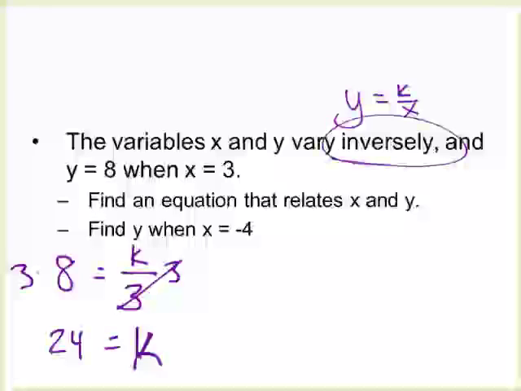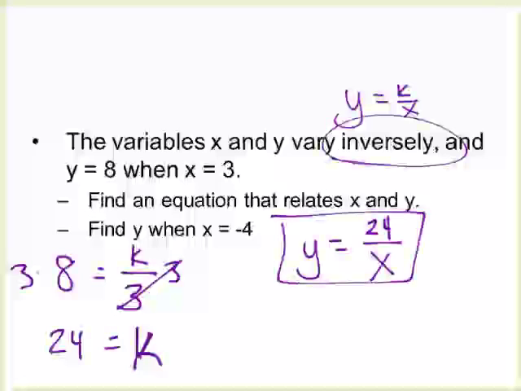So our first answer is going to be the equation with x and y in it and k plugged in its spot. So when you are asked to find an equation that relates variables, those variables have to be there. Okay? So our first answer is not just what k is, but it's k plugged into its spot with x and y being x and y.